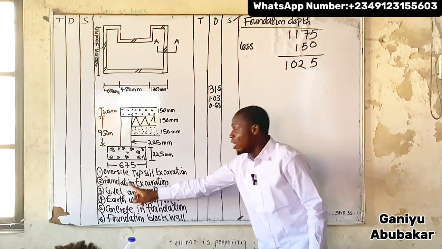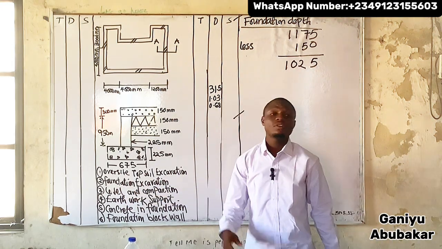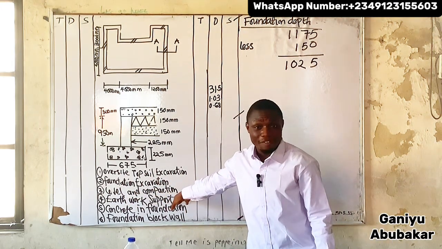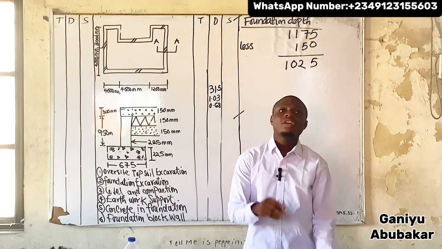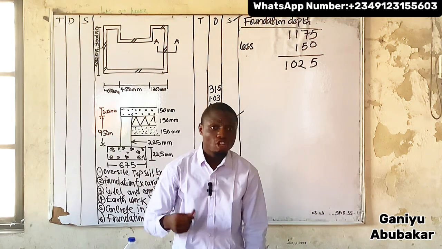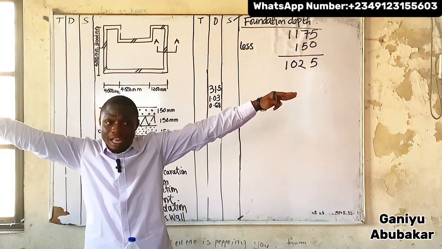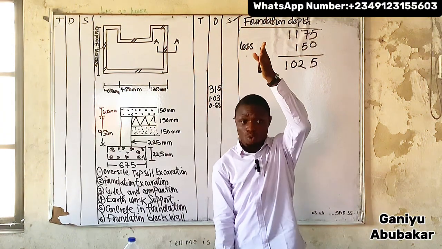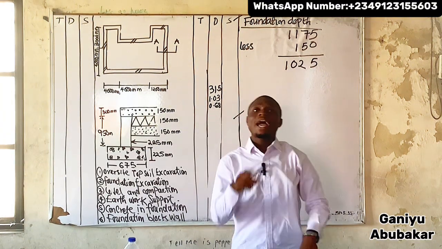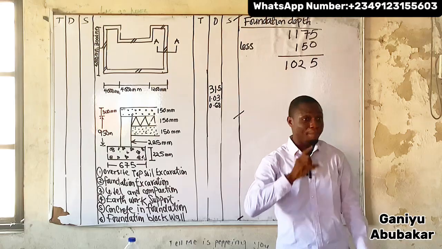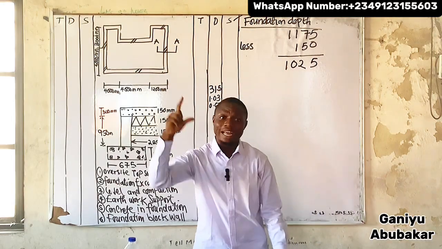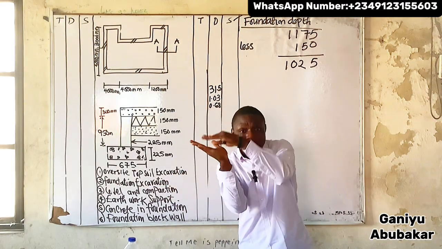What's next here? Excavation, foundation. For this one, it is similar to the first one, but the difference is that your length and breadth will not be horizontal, but vertical. So I give you the length and breadth values, and then add them up for me.